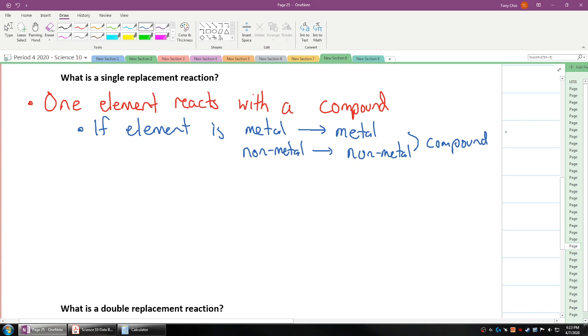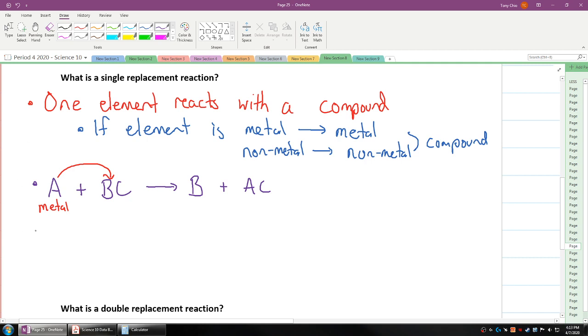So what that means is this. You have two different versions of this occurring. You could have, for example, if A is your element and it's reacting with a compound BC, if A is a metal, it will swap with B, which is also a metal because of how it's written, and thus you're going to get B replaced and you're going to have AC.